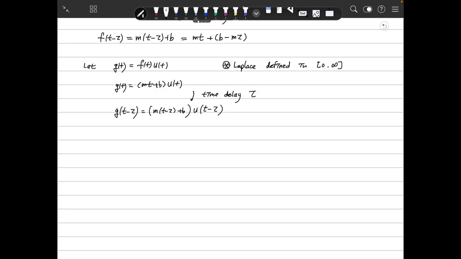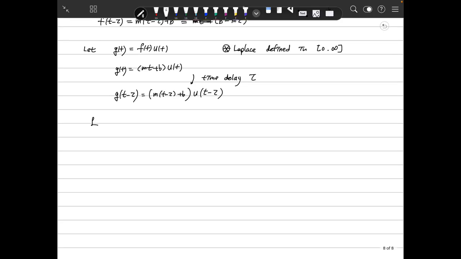So here, we will do the Laplace transform of g t minus tau. Then there will be the Laplace of f t minus tau and u t minus tau. So there will be the integral from 0 to infinity of f t minus tau, u t minus tau, exponential minus st dt. Then you can change the variables.